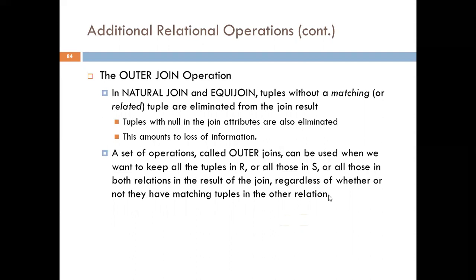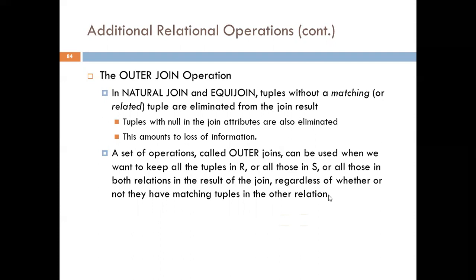The tuples which are not matched are eliminated in the join result. Even the tuples which have null values for the join attributes will be eliminated. So this amounts to loss of information.